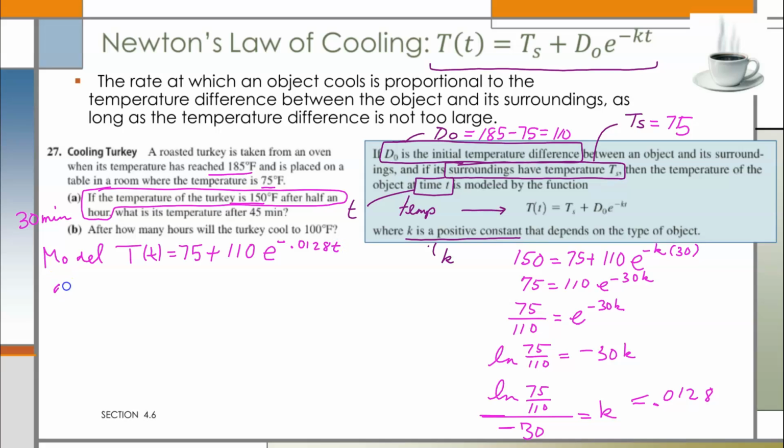For part A, now we want to know what is the temperature after 45 minutes. So we have T of 45 is equal to 75 plus 110 e to the negative 0.0128 times 45.